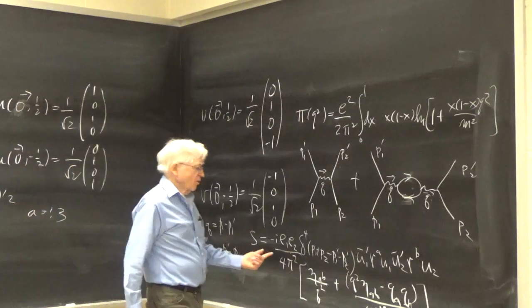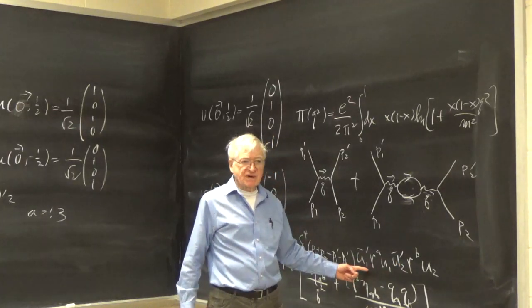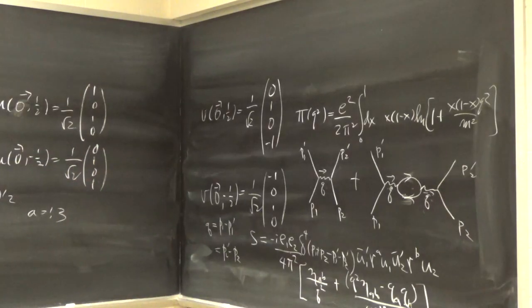So you might wonder, where did these extra spinors come from? Well, these are just the spinors that multiply the fermion field, namely these u spinors here.